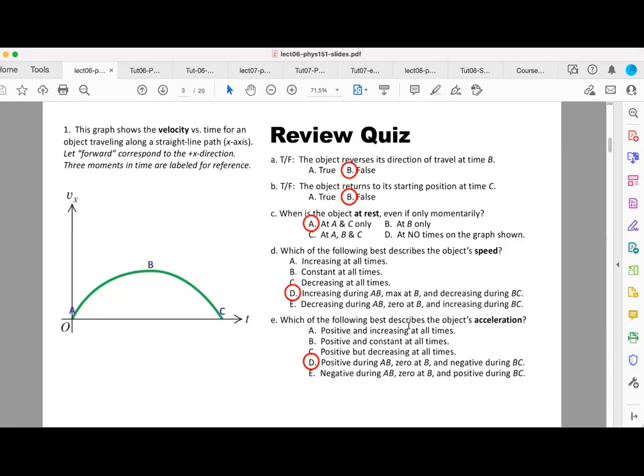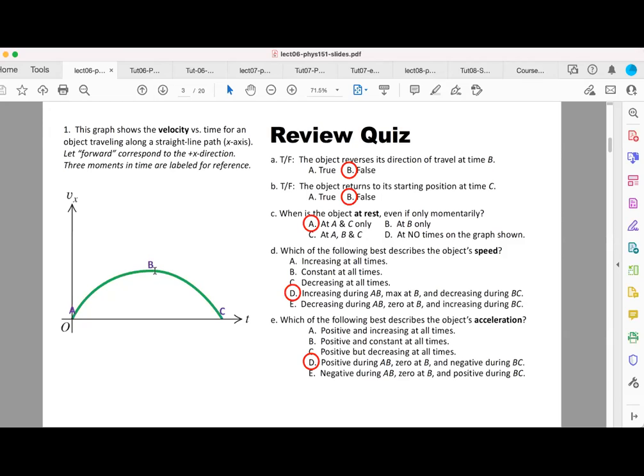So it decreases. Which of the following best describes the object's acceleration? The acceleration is positive during AB, 0 at B, and negative during BC. How can we say that? The velocity is increasing during AB because we have a positive acceleration, in the same direction, during AB. At B it is 0.